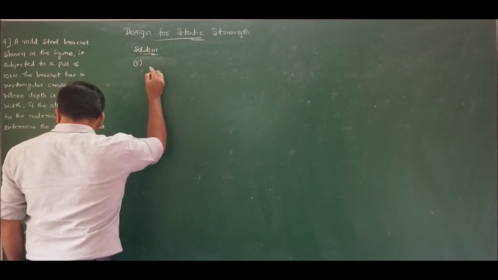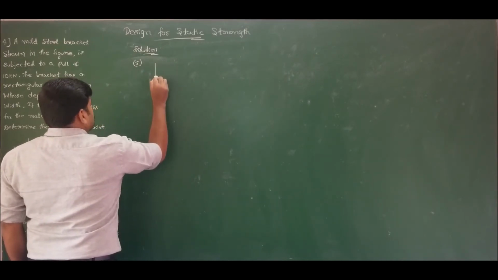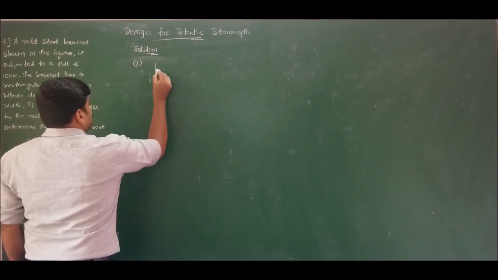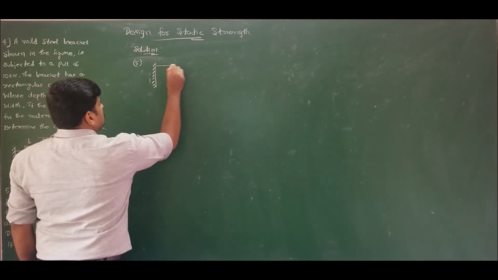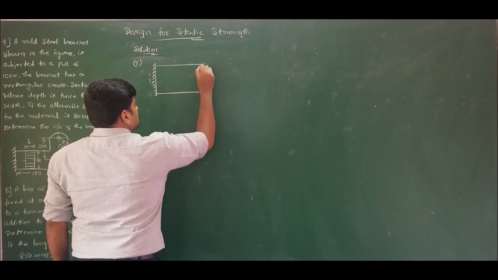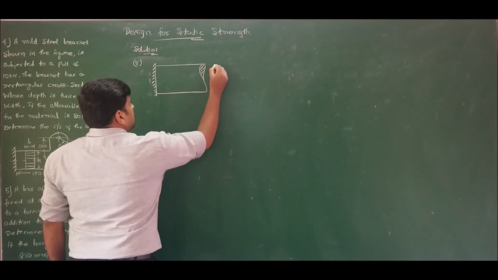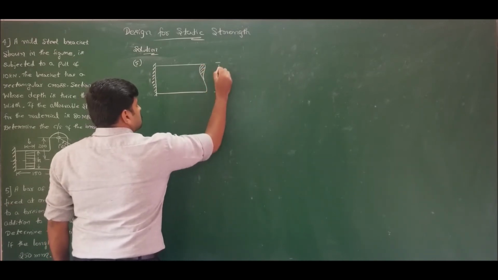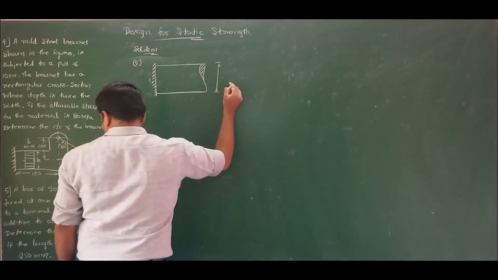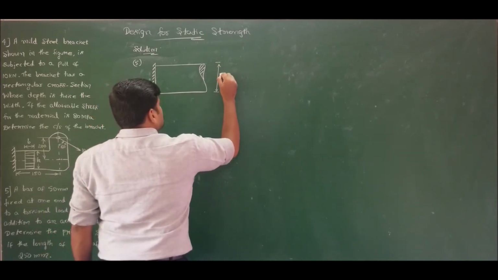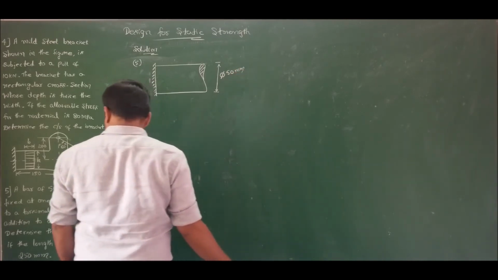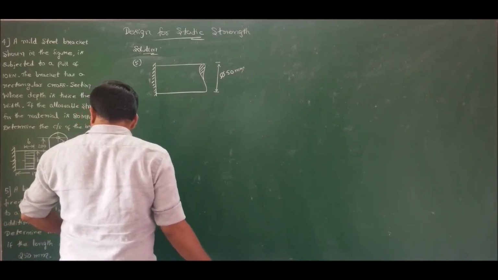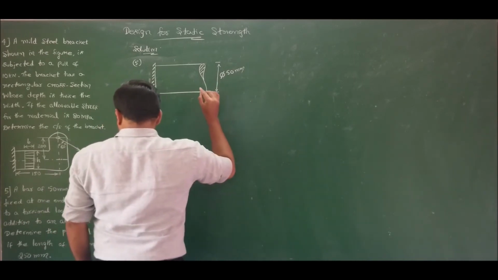So coming to problem number 5, we have a shaft fixed at one end. Let me take it as a horizontal shaft fixed at one end. Since it is a shaft, we have specified the diameter. Diameter is 50. It is subjected to a torsional load of 1 kilonewton meter.